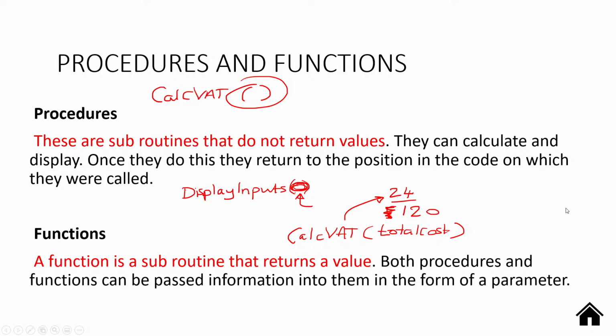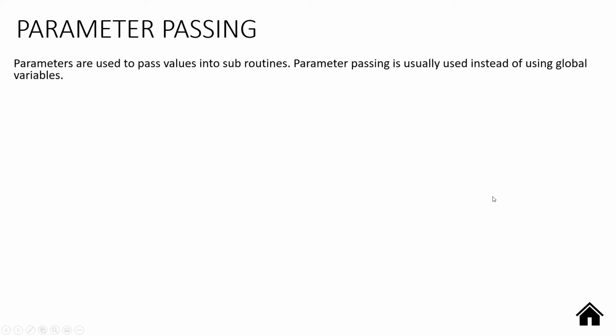So now, if we know that a parameter is something that gets passed in to be used inside the procedure or the function, there's two types of parameter passing. Where you're at in your programming skills, you're probably used to different types of scope.